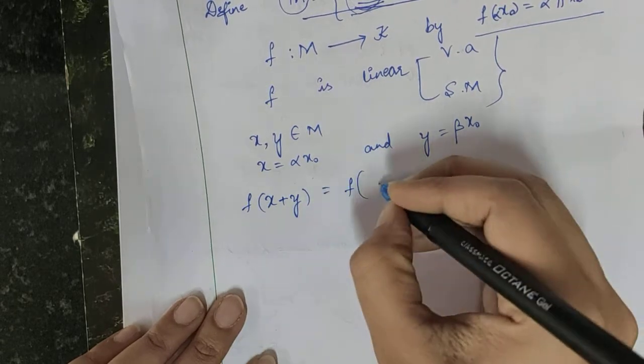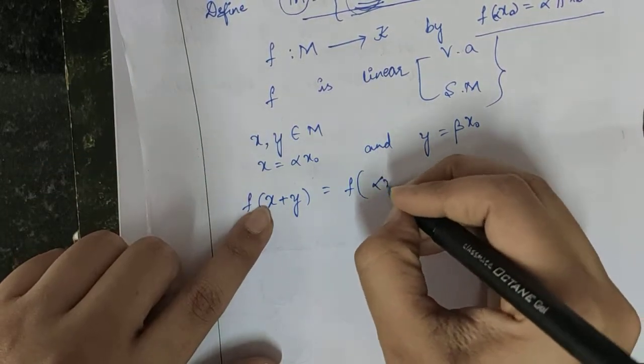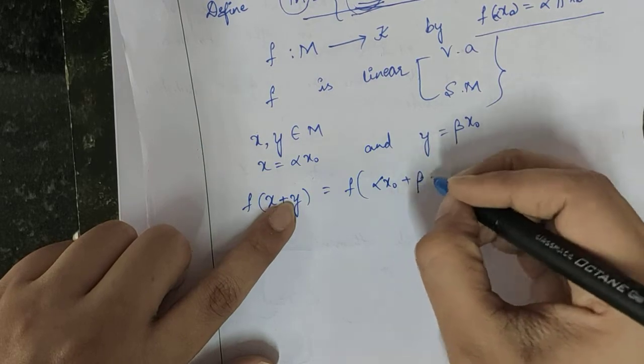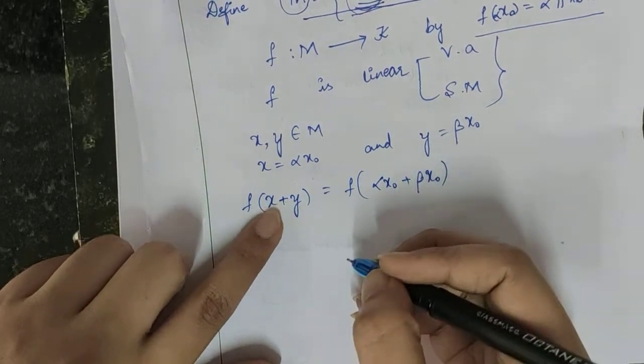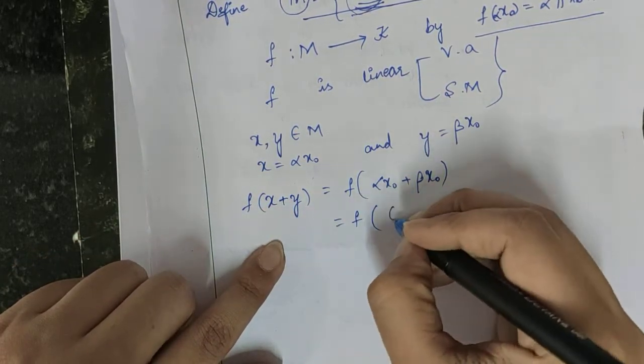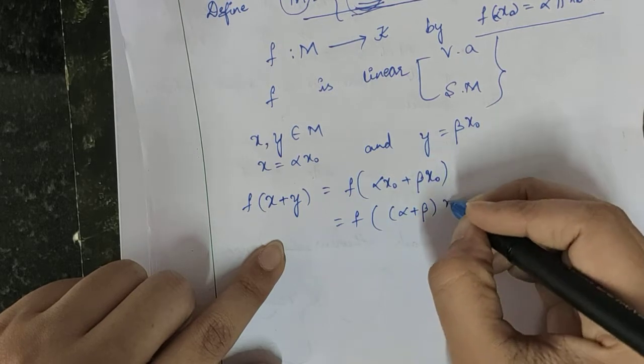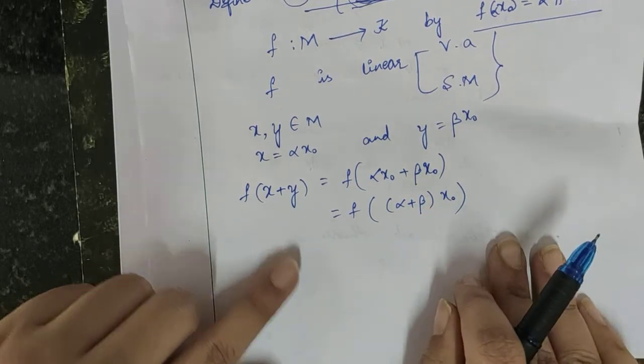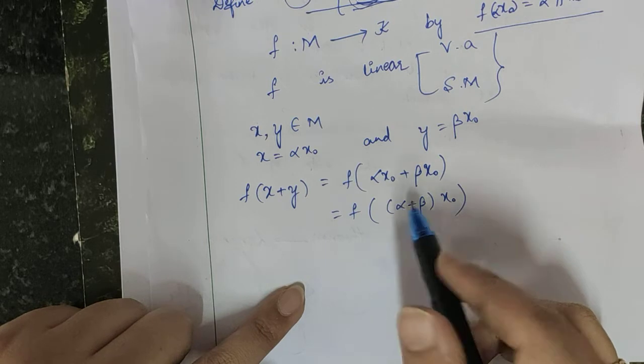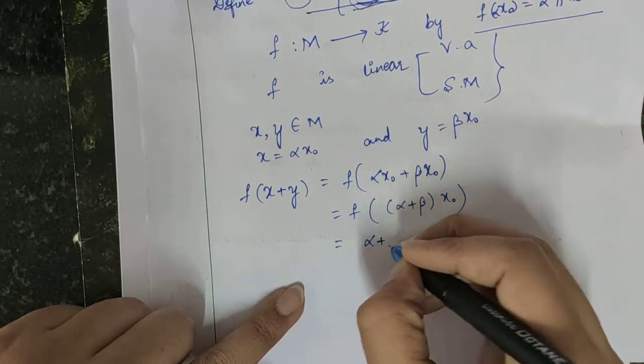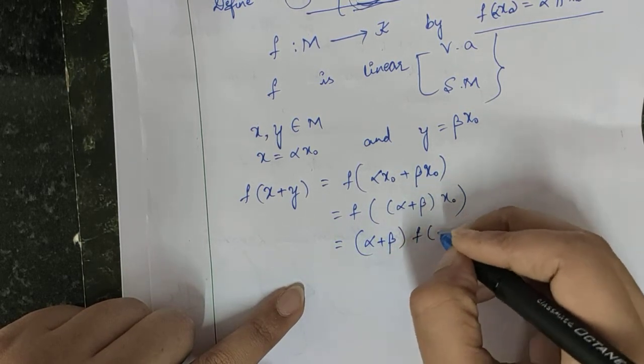So f of what is x? X is alpha x0 and y is beta x0. We can rewrite this as f of (alpha plus beta) into x0, and we know that alpha and beta are scalars, so I can write this as (alpha plus beta) into f of x0.